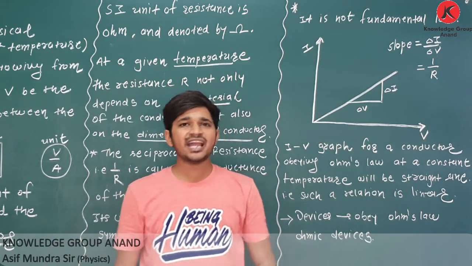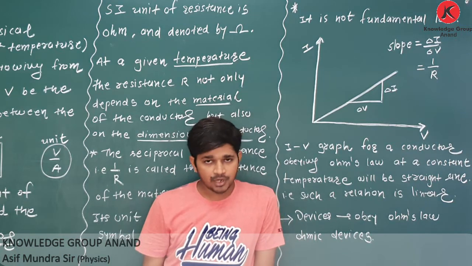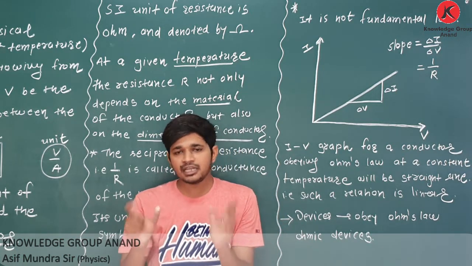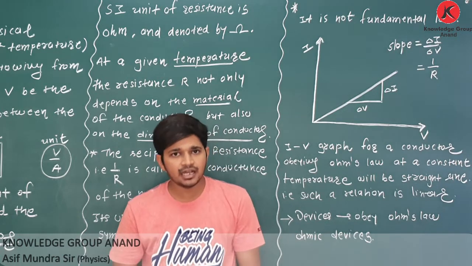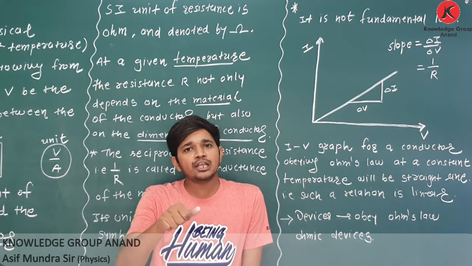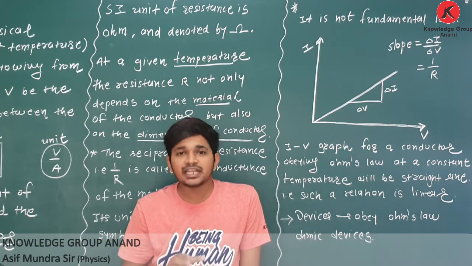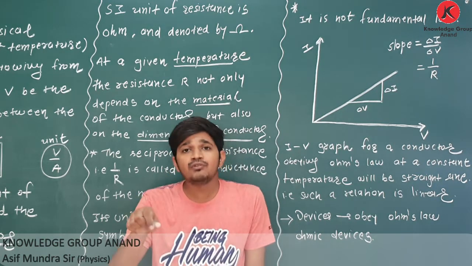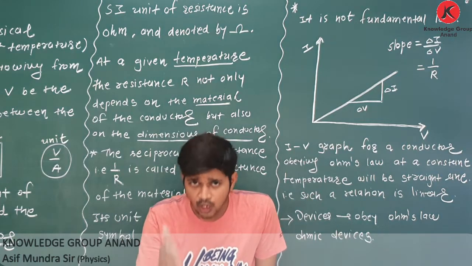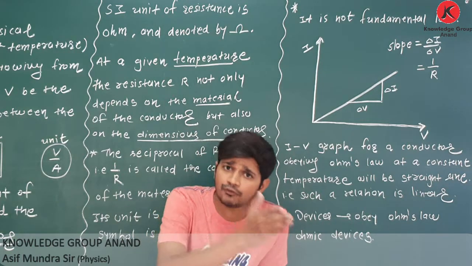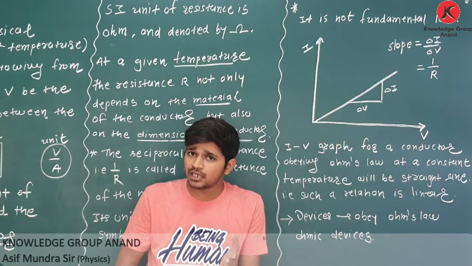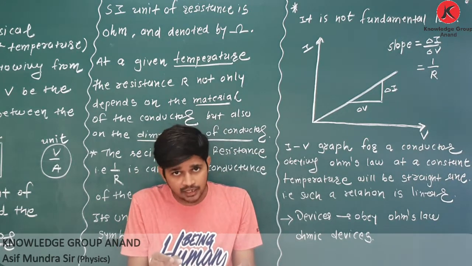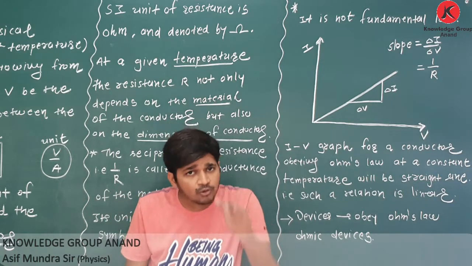We will perform one experiment in the lab. We will take one conductor, a voltmeter, an ammeter, and one battery. We will change the value of voltage and we will get different values of current. You have to make a table of voltage V and current I. From the table, you have to draw the graph.